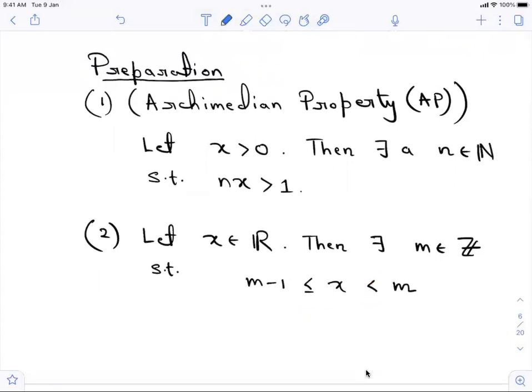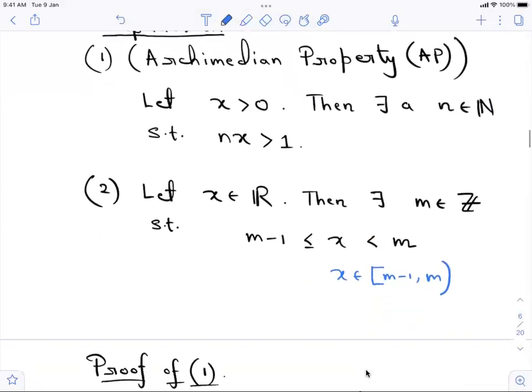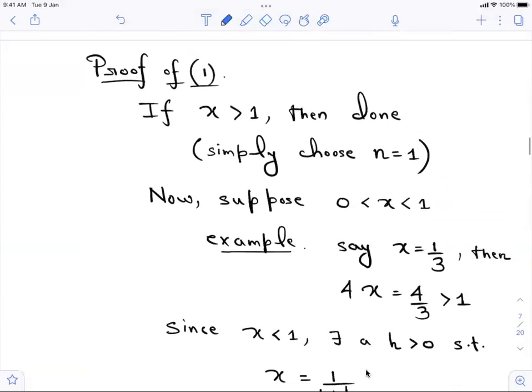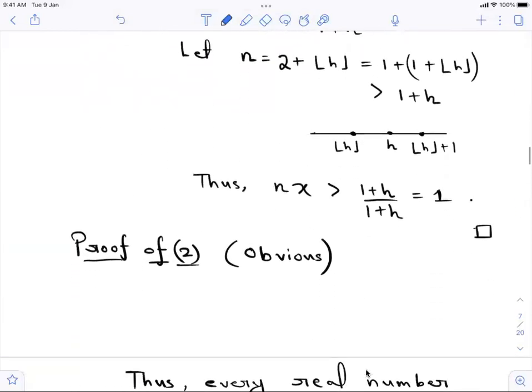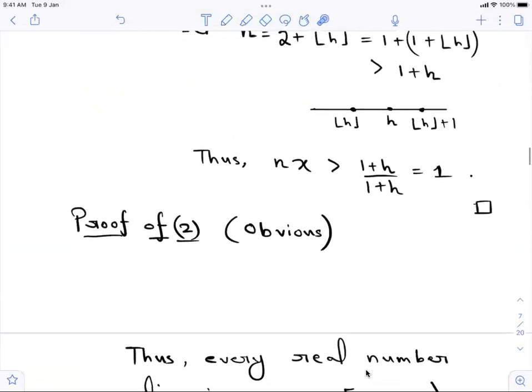So this really means that given any x, I can find m such that x belongs to the interval closed at m minus 1 and open at m. Okay, so 2 is easier to prove. It's really a one-line proof. Let me show you that.